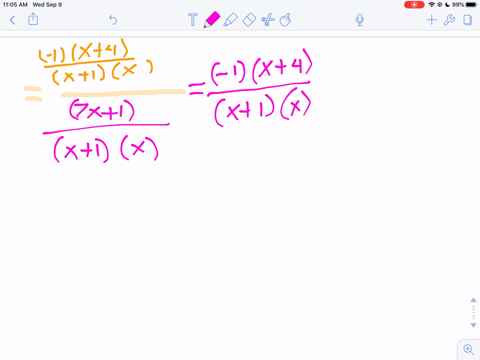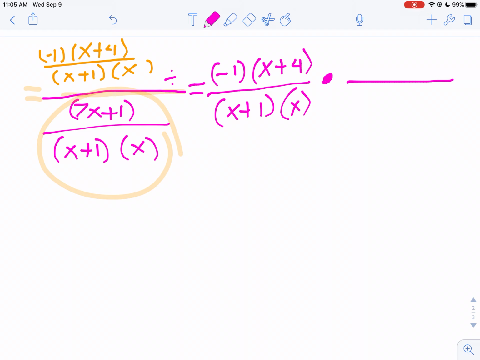That's the first fraction. You are going to change this division problem to a multiplication problem. That's what that long division bar means. So we're going to change the division to a multiplication, and then flip the second fraction.